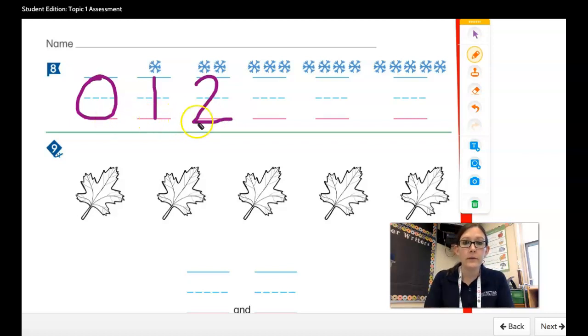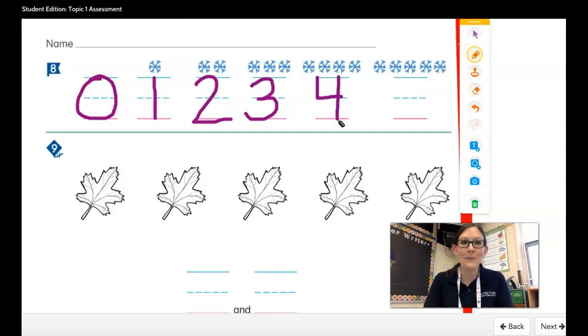0, 1, 2, 3. And there are the 3 snowflakes. I bet this one has 4 snowflakes. Yep, 1, 2, 3, 4. And I know that 4 comes next when we count in order. 0, 1, 2, 3, 4. Down, over, down some more.